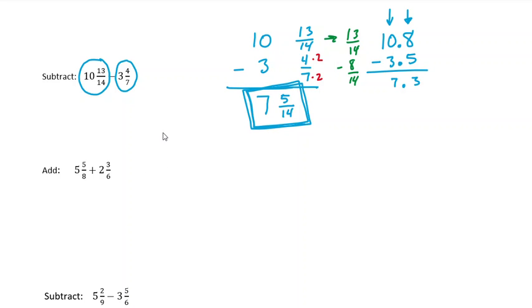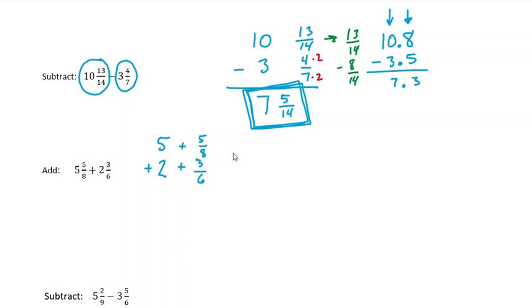I'm gonna do it vertically again, so I'm gonna write 5 plus 5/8, and then this time it's plus 2 plus 3/6. And I can do 5 plus 2, that's easy. But the 5/8 plus 3/6 we can't do yet because the denominators aren't the same. So I'm going to work that out.